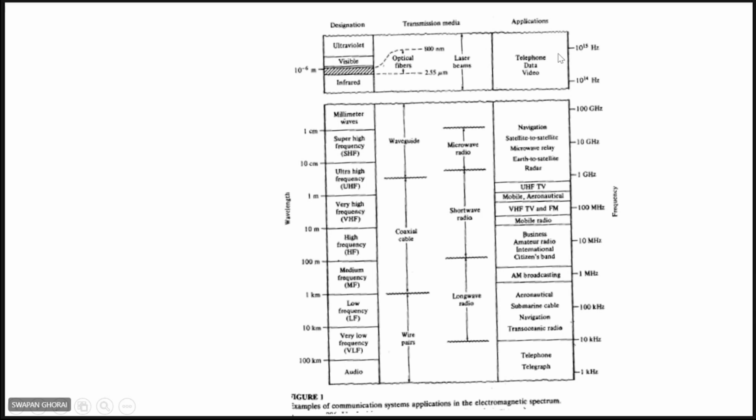Of course, that depends upon the other facilities, means sources, detectors, those things are also involved. But theoretically, millions of channels can be transmitted through optical fiber because of its extremely high frequency regions, 10 to the power 14 to 10 to the power 15 hertz, right, in these regions.